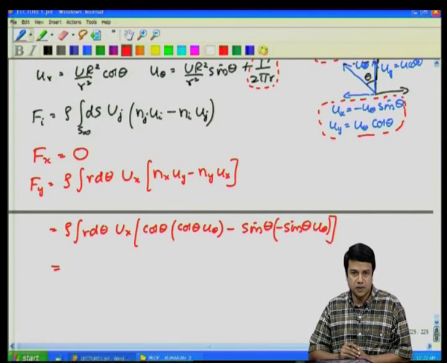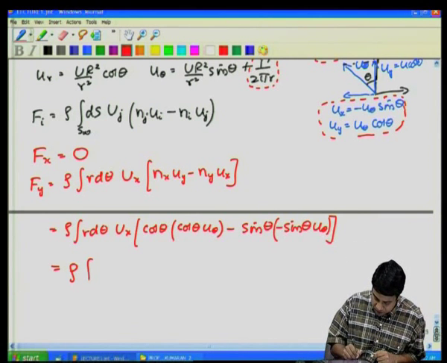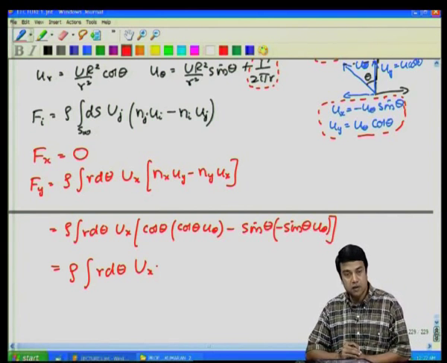So, you can see cos square plus sin square is equal to 1, and I get rho times integral r d theta capital u x into u theta.